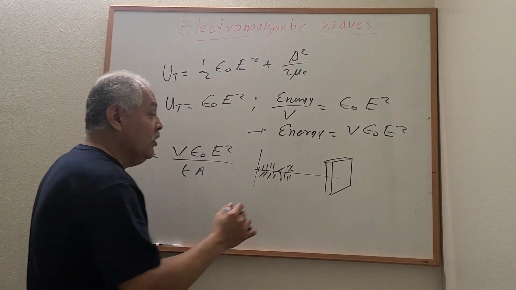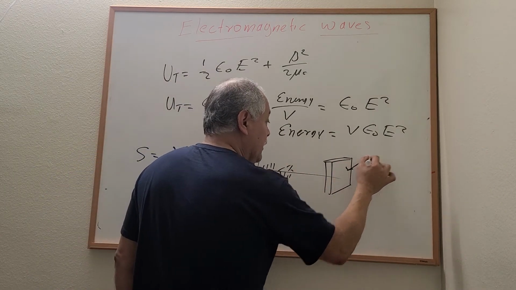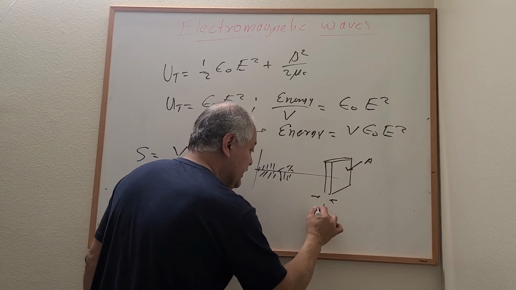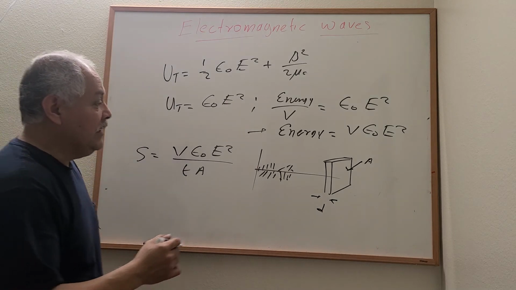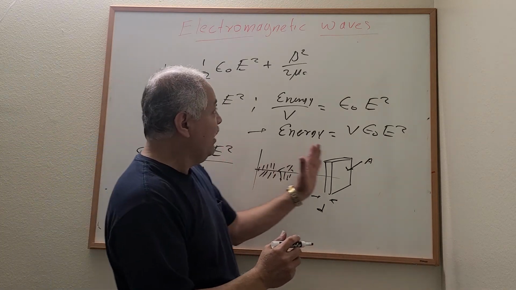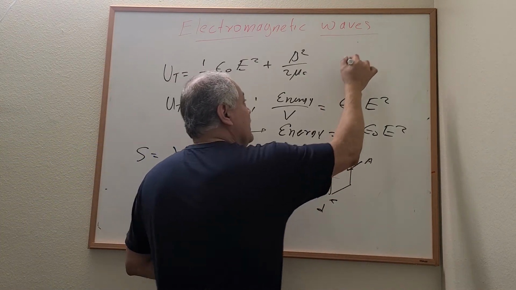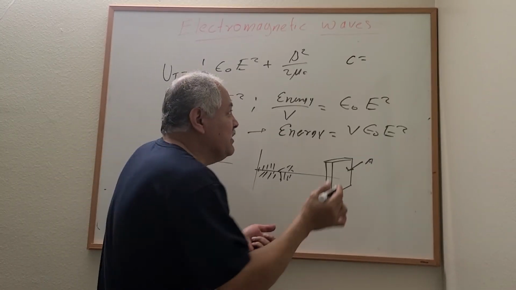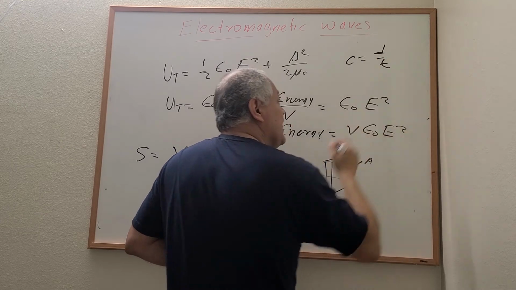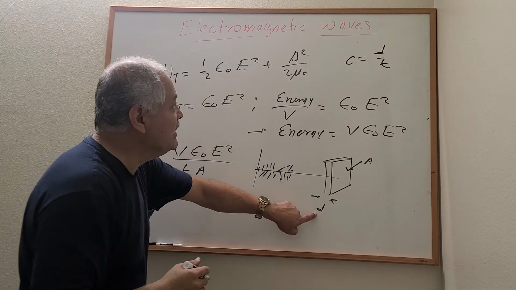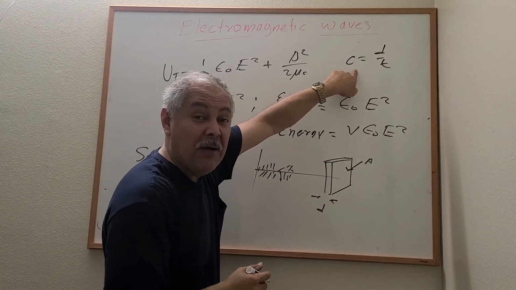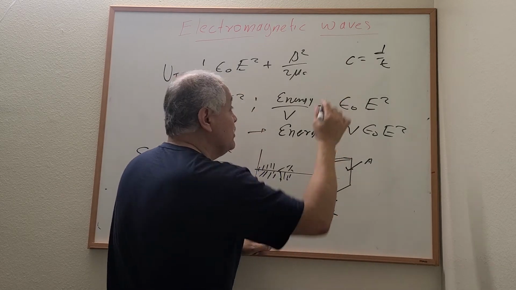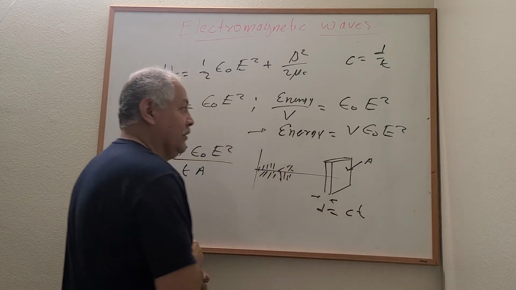Now this is the area, and we have this distance, because the wave travels at the speed of light. Remember, speed of light c, like any speed, equals distance divided by time. So this distance is equal to ct.